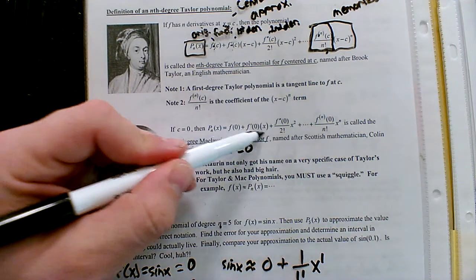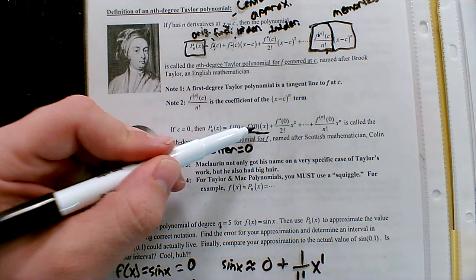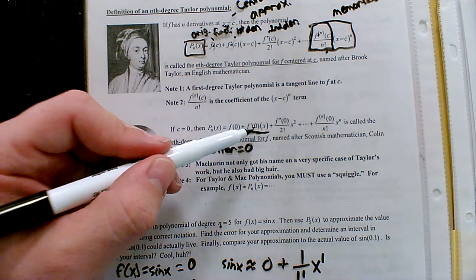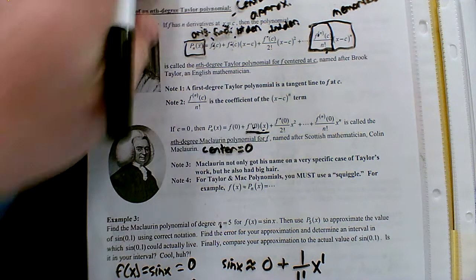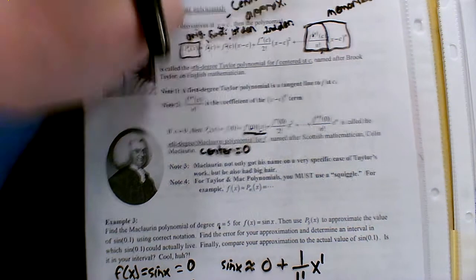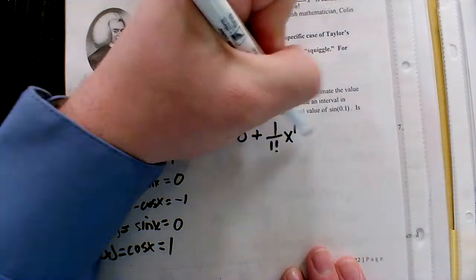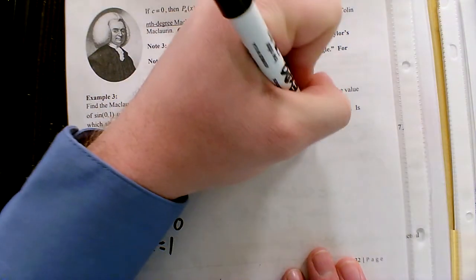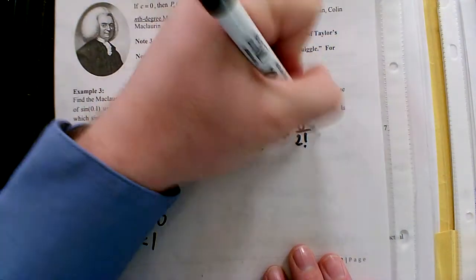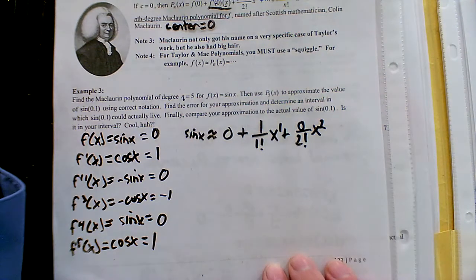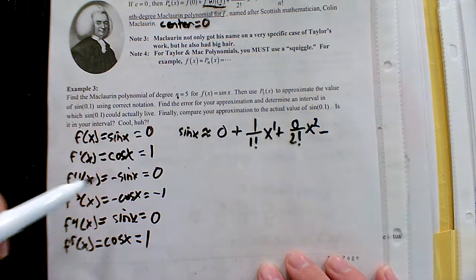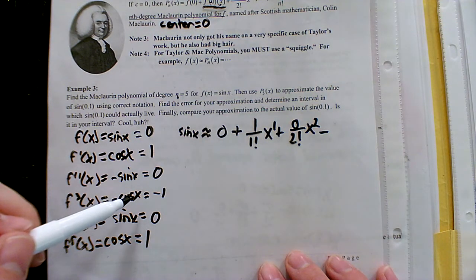So that's going from this spot here. The first derivative evaluated at 0. It's technically over 1 factorial, so I wrote it, but 1 factorial is 1, and x to the first power, so that's where that came from. Now we're going to move on to the second derivative part. So plus second derivative was 0 over 2 factorial x squared. And we're going to get, it is negative 1 for the third.